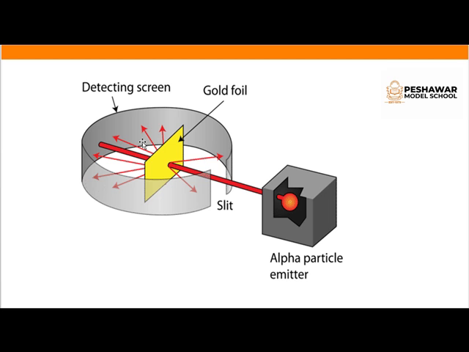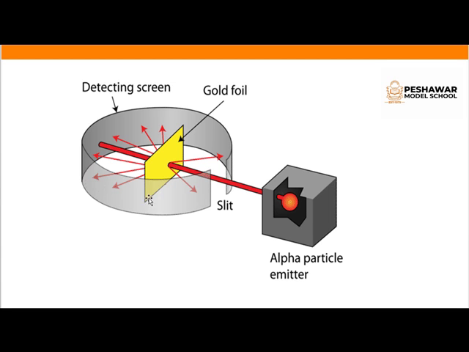Some of the radiations, roughly 8 out of 20,000, were deflected at large angles. You can see here, these were the radiations deflected at large angles, while very few radiations, 2 out of 20,000, bounced back. So this was the experimental work of Rutherford.